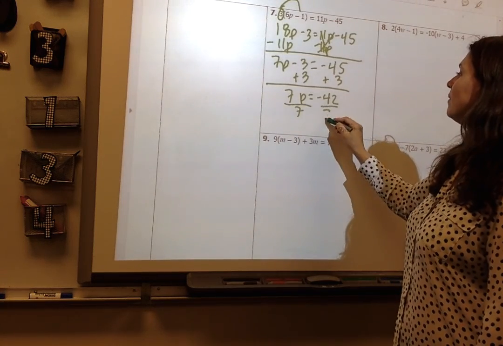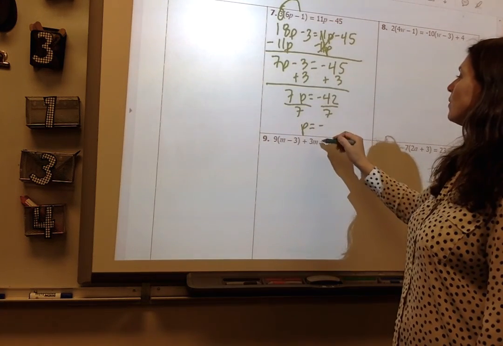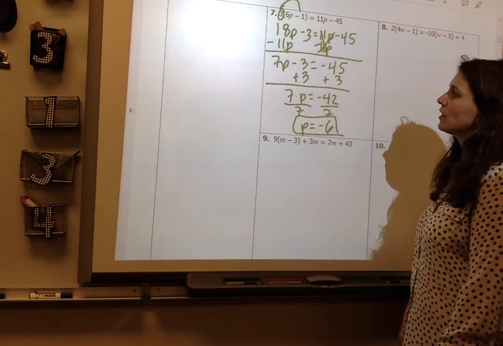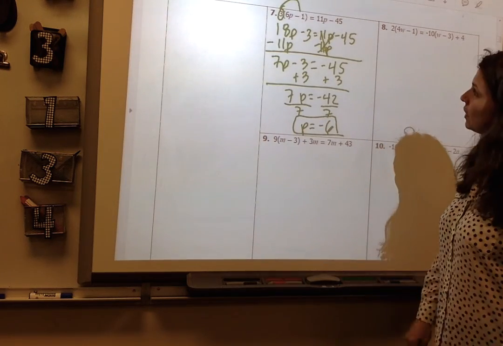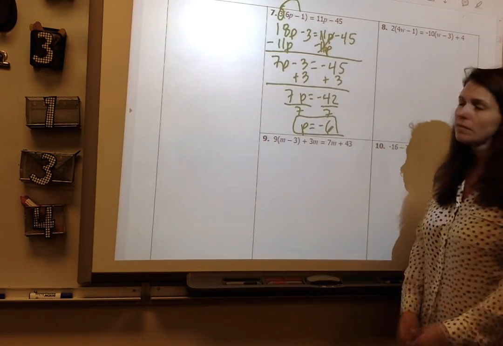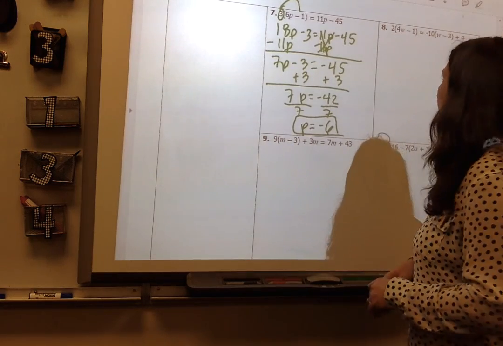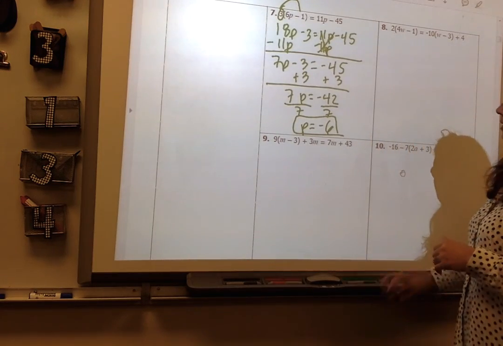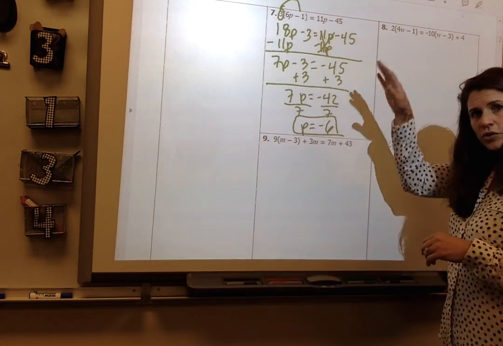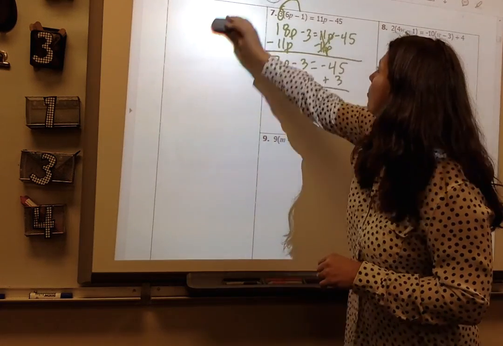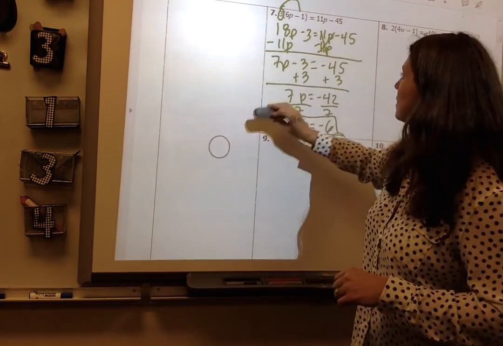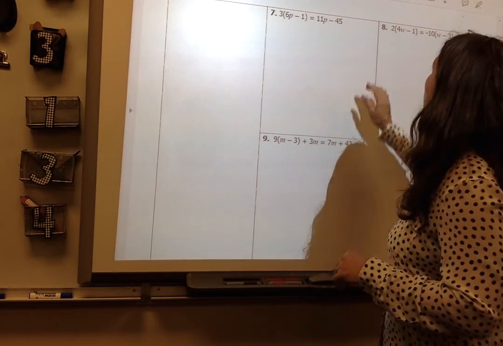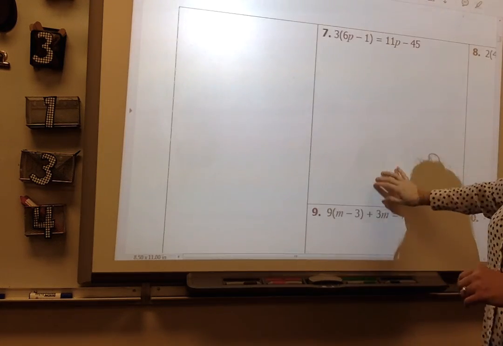I divide by 7. And now I have p equals negative 6. And negative 6 would be my answer. So if you need to slow that down and walk through it again, go ahead and do that. I'm going to do the odd numbers on this side. So if you want to go ahead and pause it and work through them and see if we're getting the same answer. Let me enlarge this a little bit.